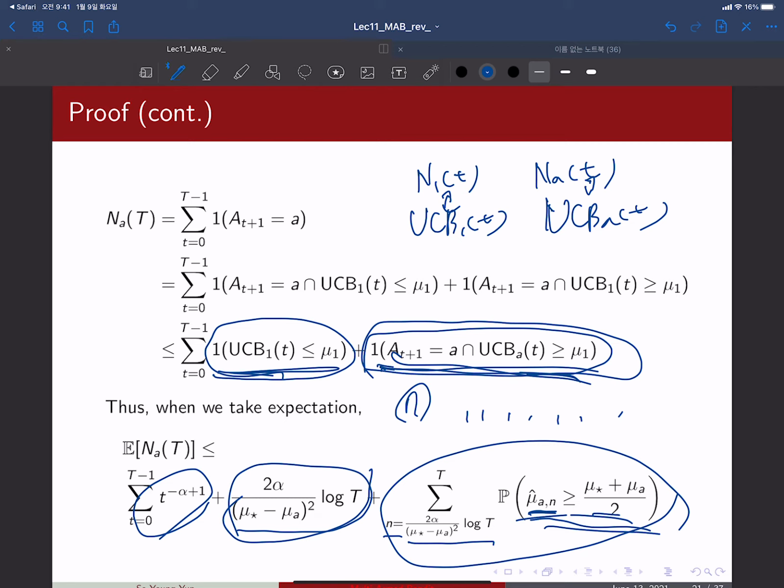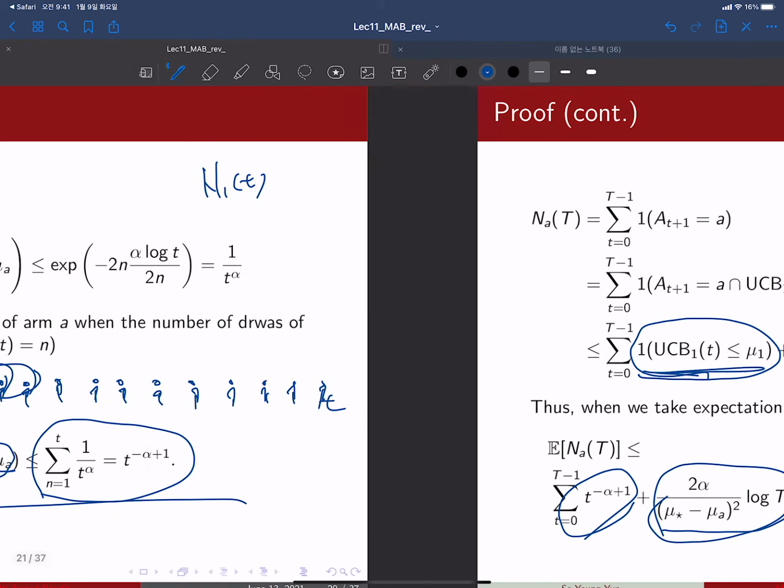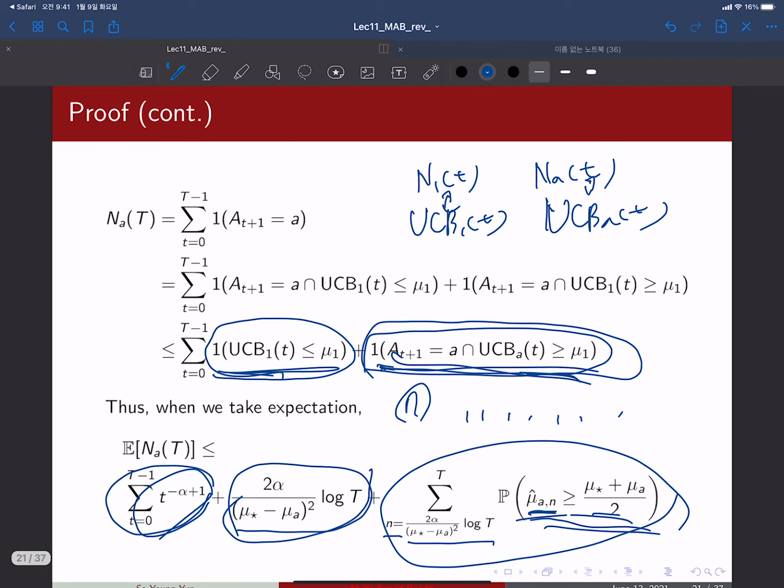Right. And again here, when you define the UCB, when you define the upper confidence bound, we have this alpha constant. When you increase this alpha constant, we can achieve a more well-concentrated result for the best arm, so we can have a lower value for this one.